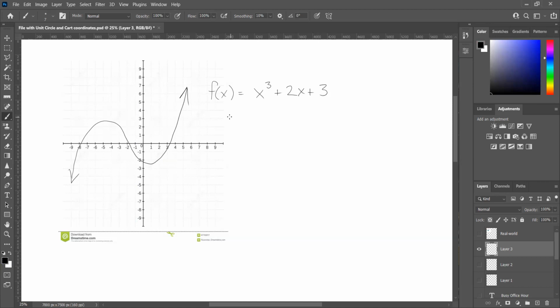Now that's not really the function that goes with this graph, but it would be something similar. So maybe I draw a bunch of vertical lines, and if I can draw any vertical line that crosses at more than one place, then it's not a function. But this one doesn't have that. Every time I draw a vertical line, it only crosses at one place. So this is indeed a function.